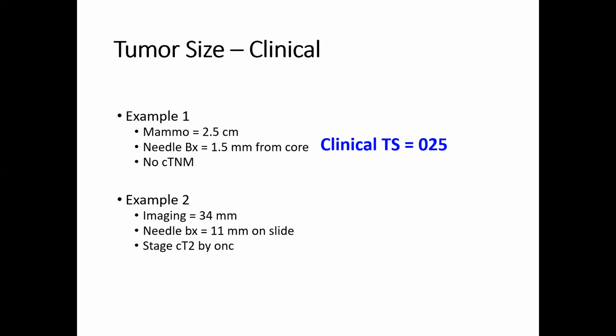Example 2 is similar, and we also have a TNM stage by the oncologist that confirms basically that range between 2 to 5 centimeters. So the clinical T confirms the imaging size, and we can use the 0.34 from imaging and not the needle biopsy or the core.